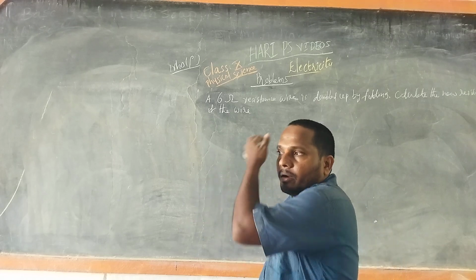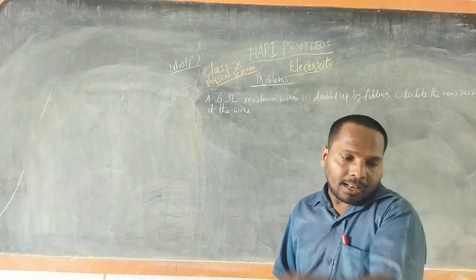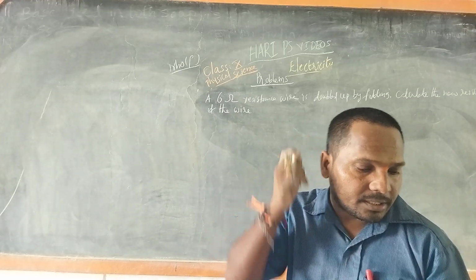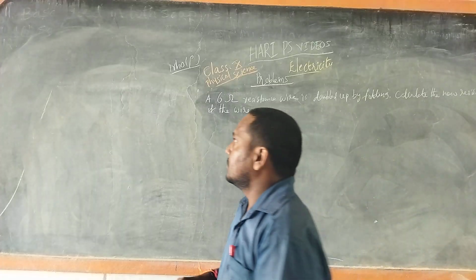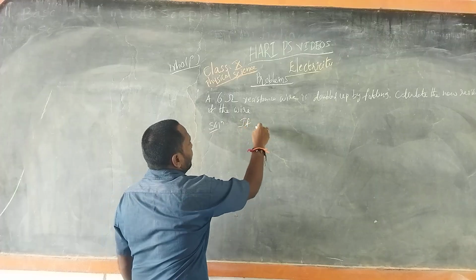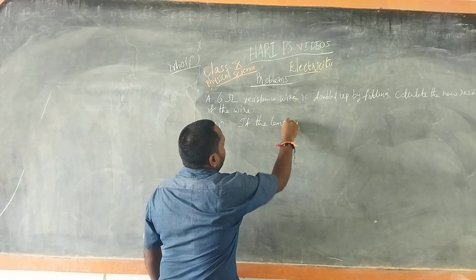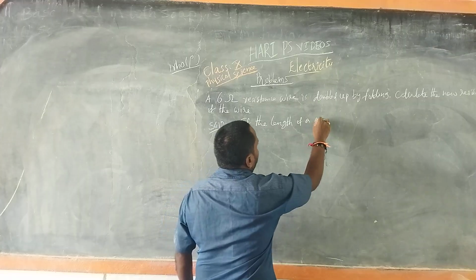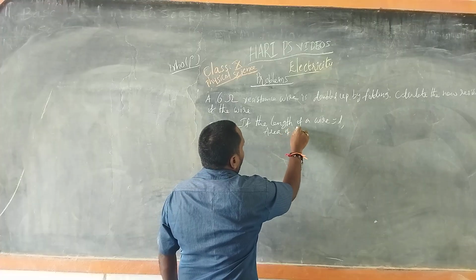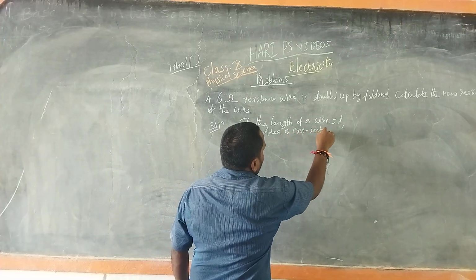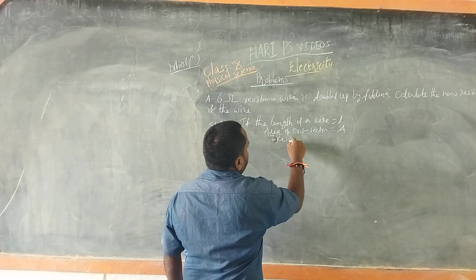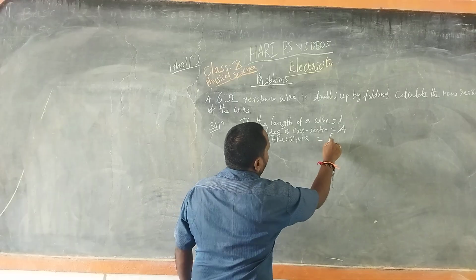Suppose the length of the wire is taken as L and the area of cross section is A, then the resistivity is rho.